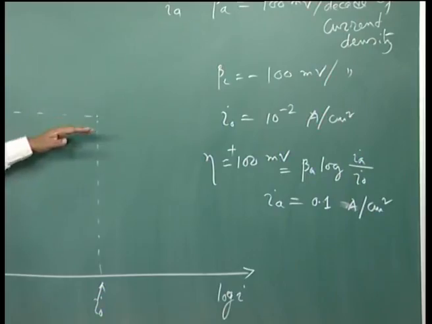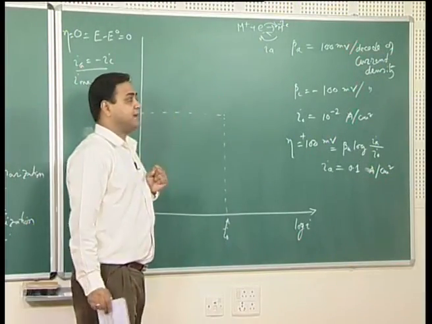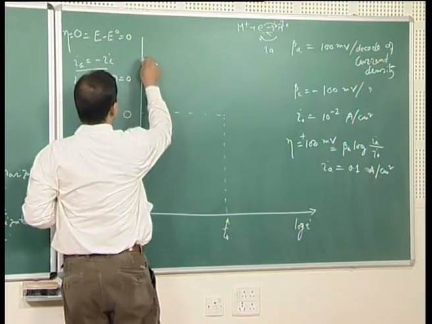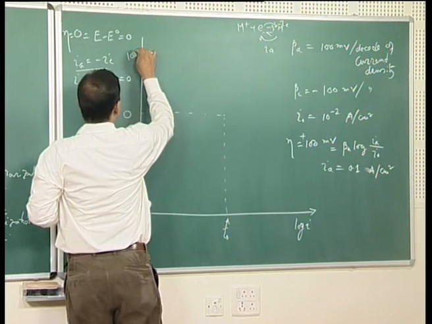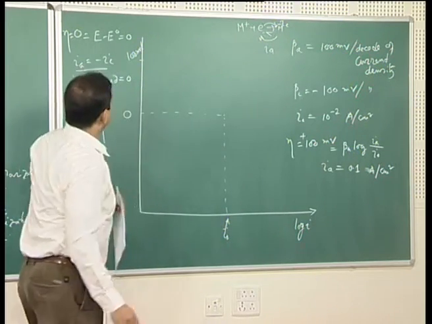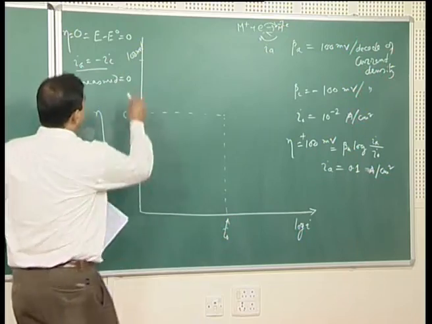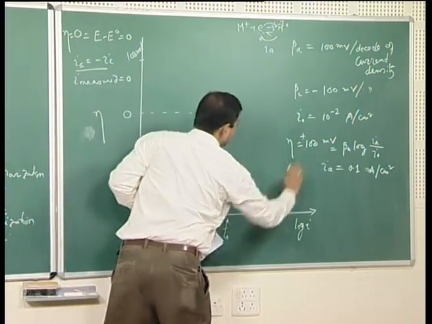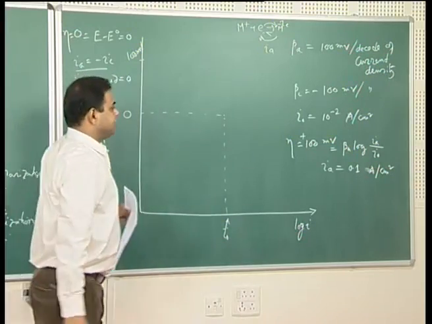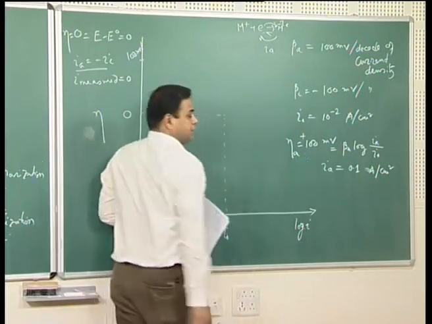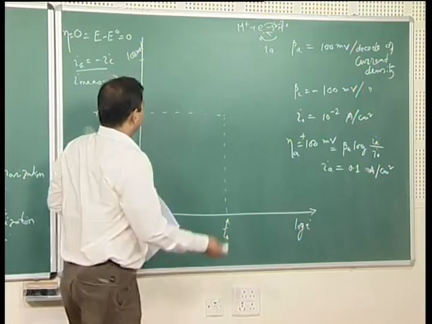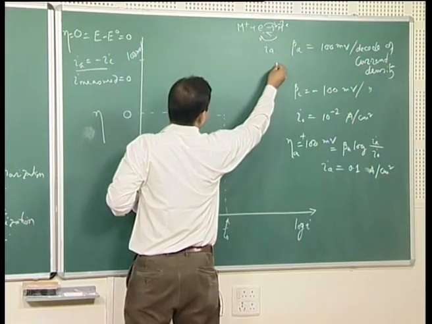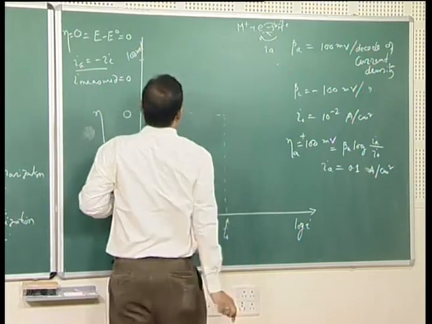Similarly, since I have already gone to the positive side, which is 100 millivolt, this is my 100 millivolt. So, I know that I have already reached there, and I can calculate what is my anodic polarization, fine. So, I can find out where is my point, this is my point.